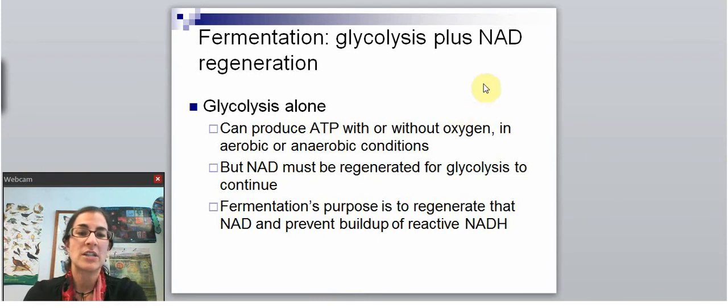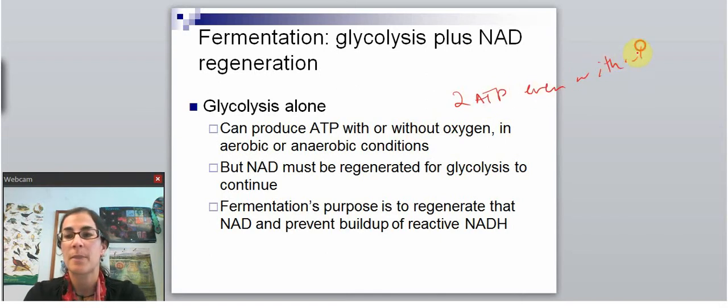So fermentation is really glycolysis plus an extra set of reactions that regenerate NAD+. Glycolysis doesn't have a direct requirement for oxygen, so it can make those 2 ATP even when oxygen is not present. But remember that one of the other things that happens during glycolysis is that NAD+ is reduced to NADH.